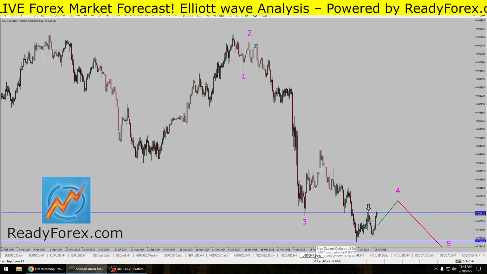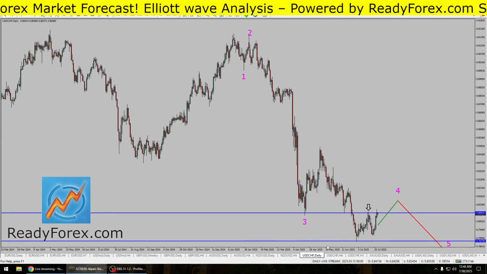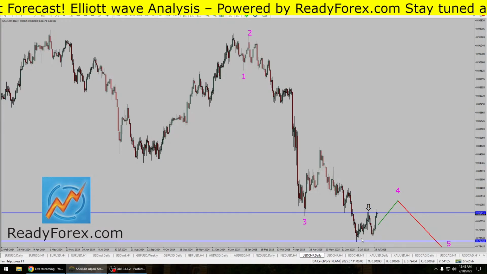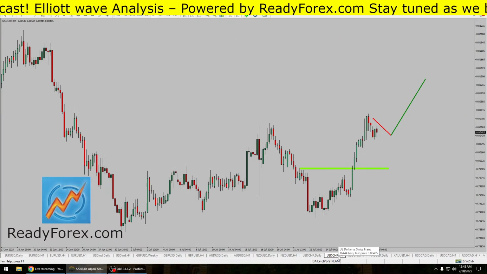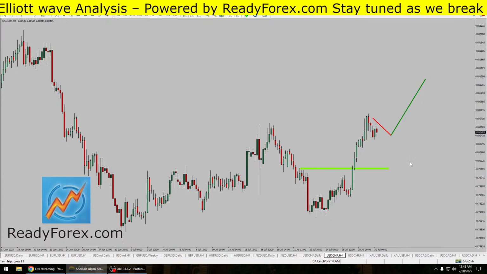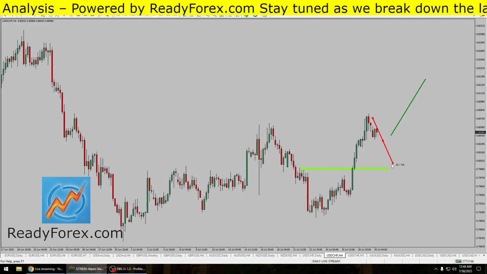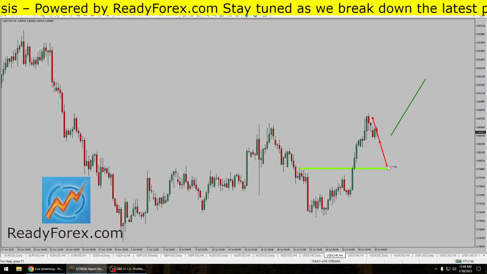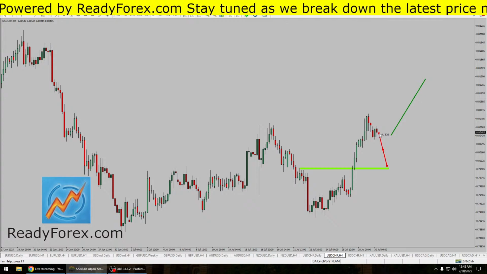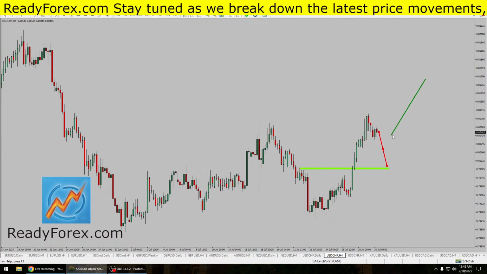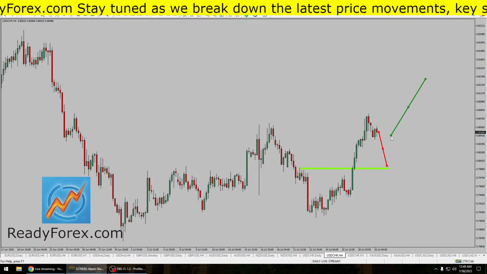Next, US dollar Swiss franc, we got this breakout in price action, and I expect further upside. However, at this point in time, I think market is going to create some kind of a pullback. So we might get a drop in price action, and it is going to retest this green color highlighted rectangle.